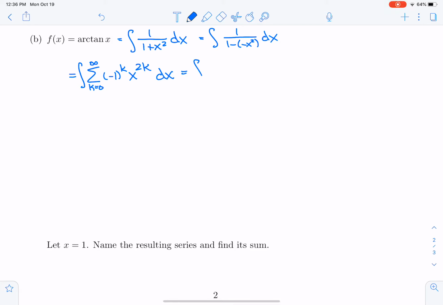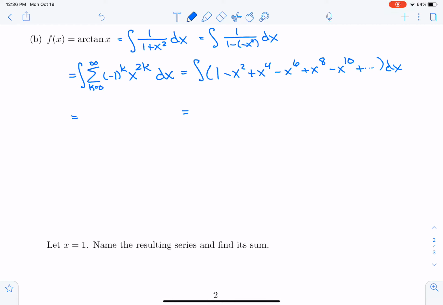In other words, arctangent of x is the antiderivative term by term of the series 1 minus x squared plus x to the 4th minus x to the 6th plus x to the 8th minus x to the 10th, etc. And so just like we did with the natural log, we can integrate term by term to find the series for arctangent of x.